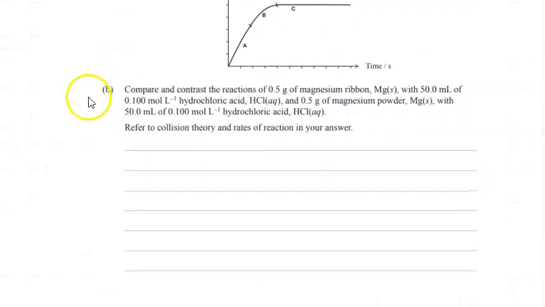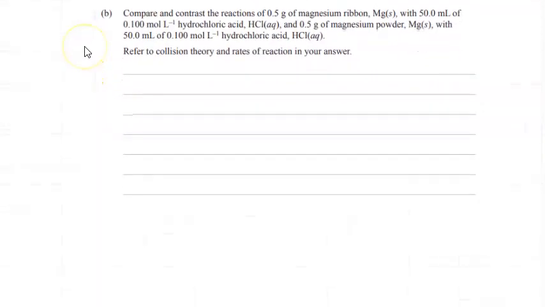So compare and contrast the reactions of 0.5 grams of magnesium ribbon with 50 ml of hydrochloric acid and 0.5 grams of magnesium powder. So we can see here we've got the same mass of magnesium in both cases, but in this one we've got magnesium ribbon, and this one we've got magnesium powder.